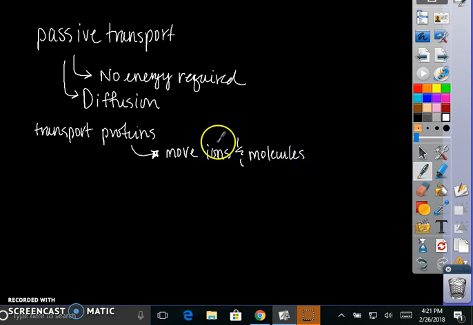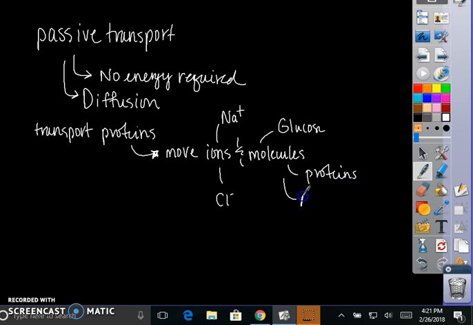Okay, what do you think maybe some ions are? Could be some sodium. You can have some chlorine. What do you think about molecules? Do you think it'd be like glucose, maybe? Do you think it could be proteins? Do you think it could be ATP? Yeah, so any of these things that we've talked about in class.